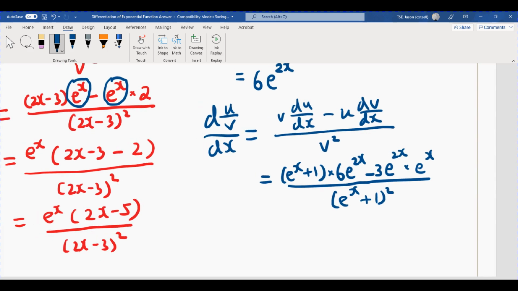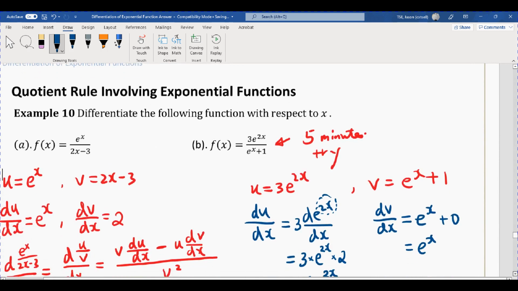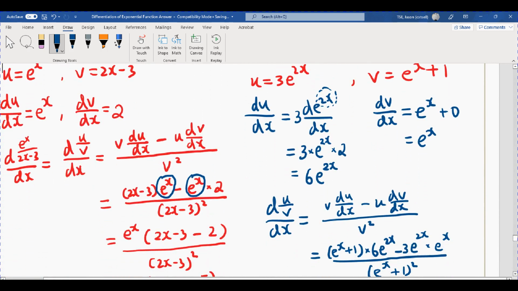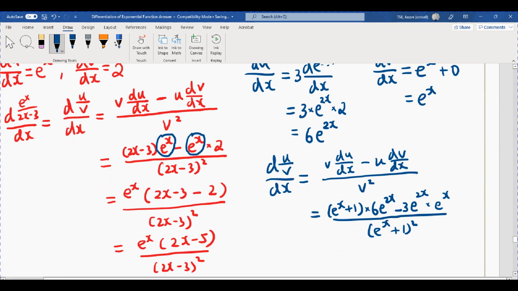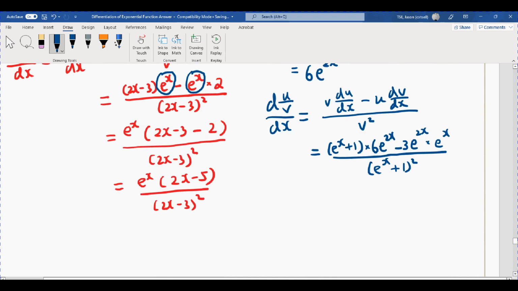Let me track a little bit, I need to see the whole picture, which is easier. I really don't want to make any mistake here. It looks all right. Yeah, it's okay.